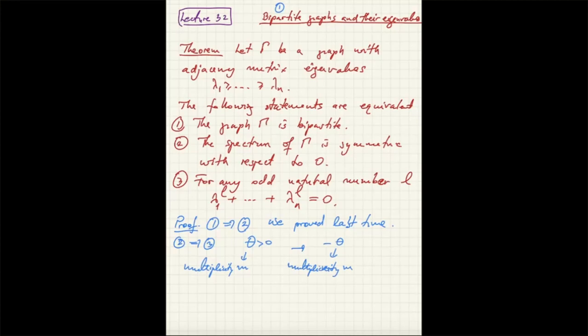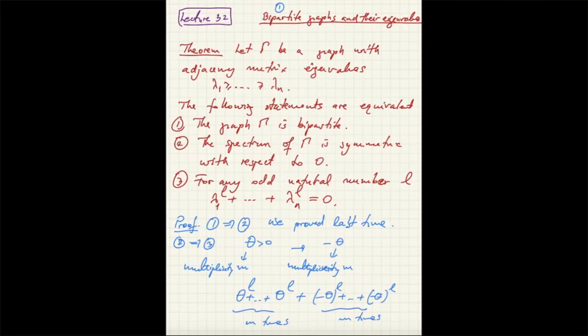And now in the sum of the L powers in part 3 of the theorem, the part involving theta to the L will give you theta to the L, m times, plus minus theta to the L, also m times.